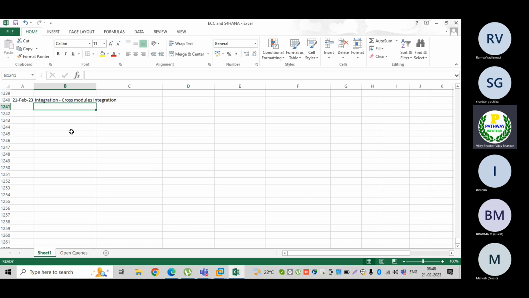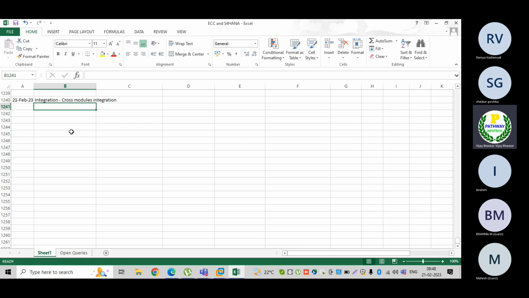With reference to that document, we call this cross modules integration, because for whatever postings are required, GL accounts are required: how much quantity was received, what is the price per unit, what are the freight charges, in case there are any additional labor charges. To record all this information I would require GL accounts, which we need to create in FI and interlink to the module. Only then will the information get passed to the finance module.